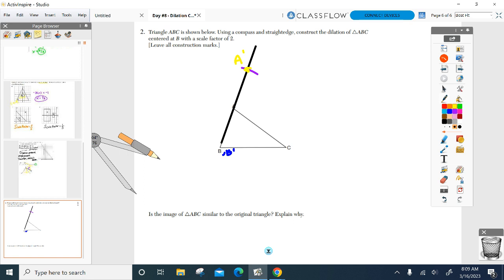And now I'm going to do the same thing from B to C. Make sure you're not ever on the opposite side of the point we're dilating around. Make sure you stay on the same side. B and C on the same side.